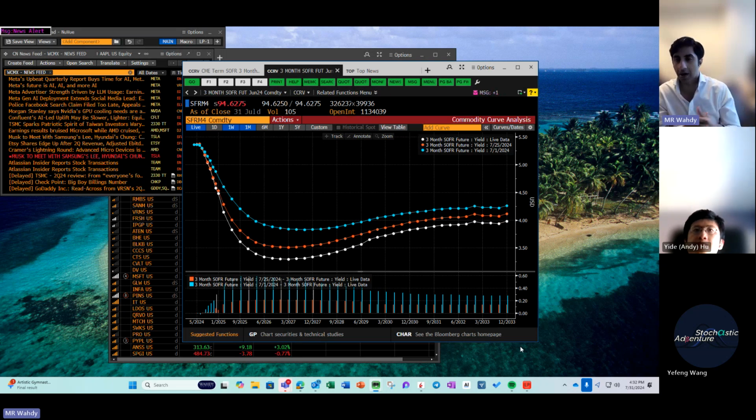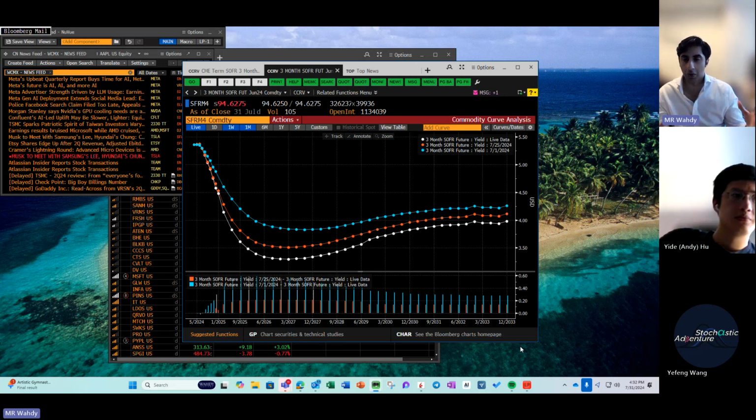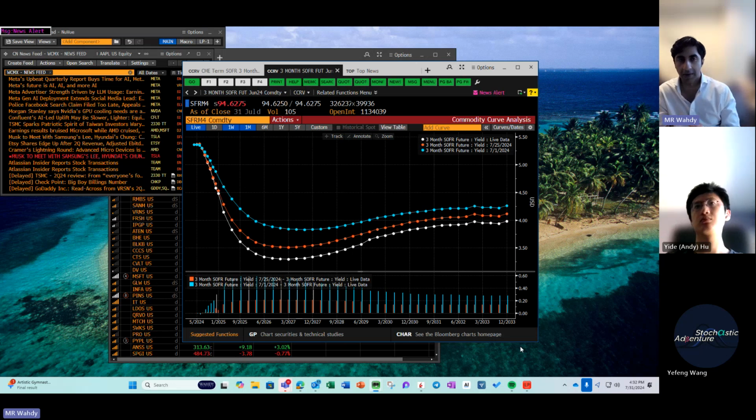Yes, PMIs are soft, but GDP inflected higher last quarter. And if you look at the host of hard data, it's still broadly supportive of the economy. That's an important factor to think about: the economy, at least looking backwards, still looks pretty strong.